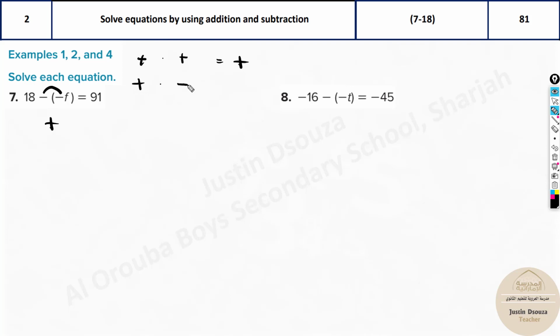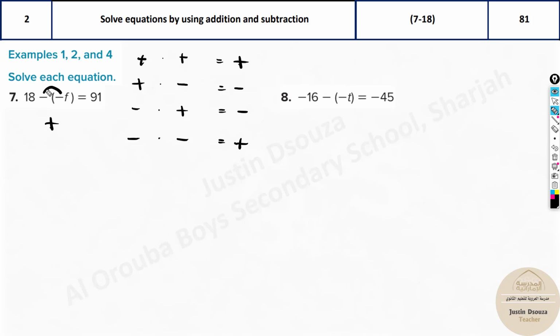Plus multiplied by minus would be minus. Minus multiplied by plus would be minus. And lastly, when it's minus and minus, it will be plus. So these are the things. Whenever both are negative or both are positive, it will be a plus sign. The sign changes to positive, because minus of minus would be adding it up.